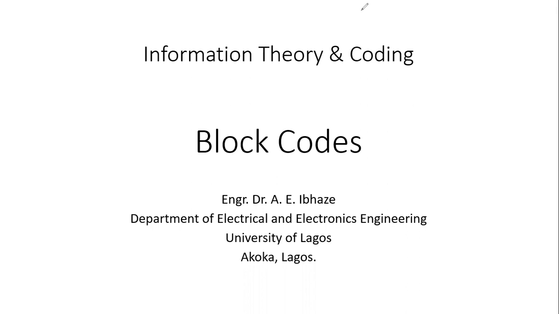In this lecture, we'll be considering block codes, which happen to be a form of error correcting codes. Now, the primary objective of the communication design is to realize the required data rate within the bandwidth constraints of the available channel and power constraints of the particular application.